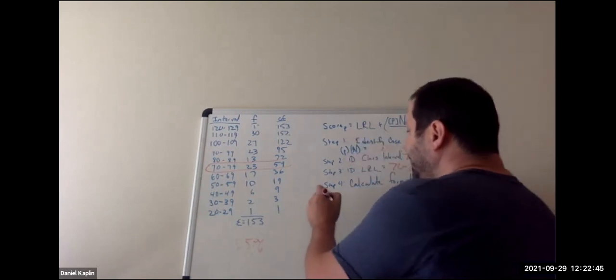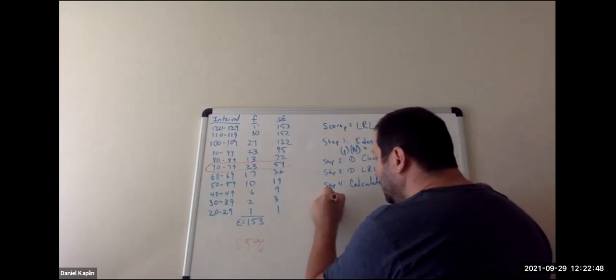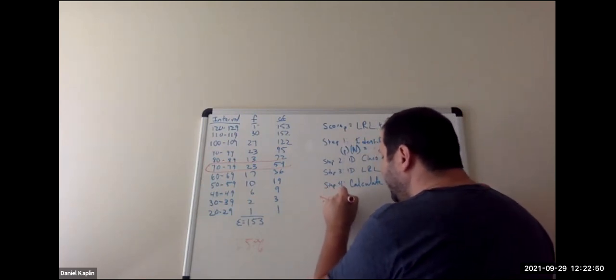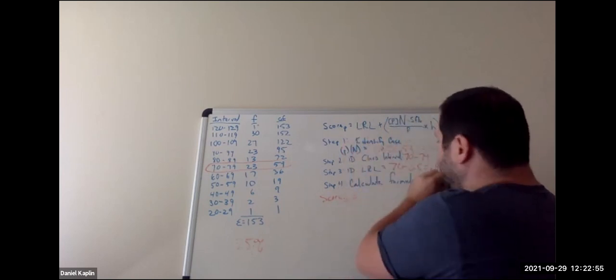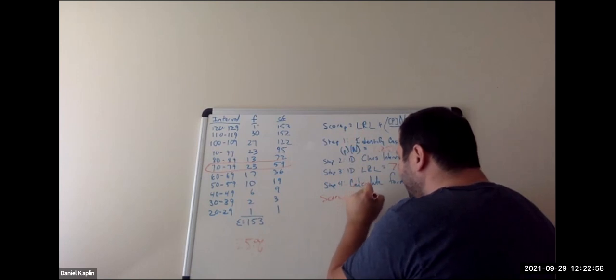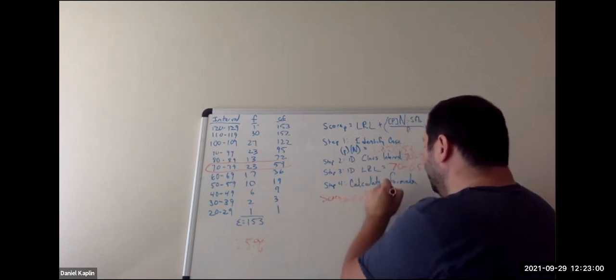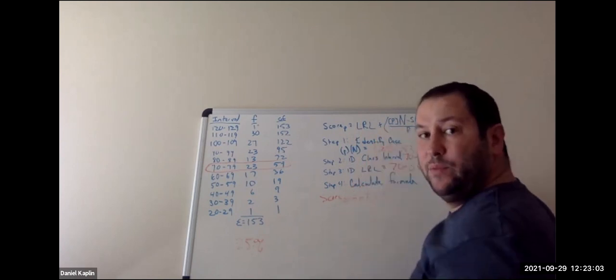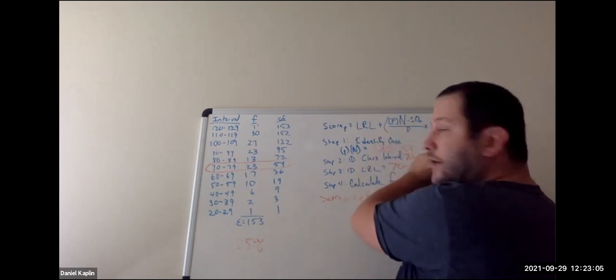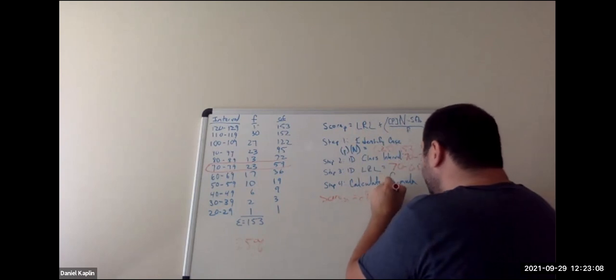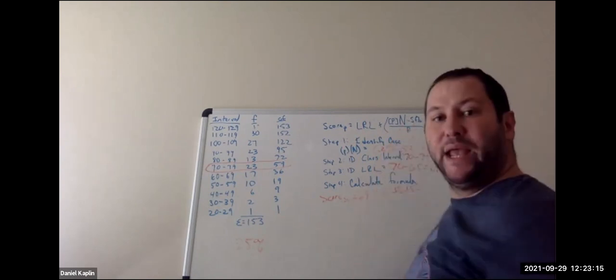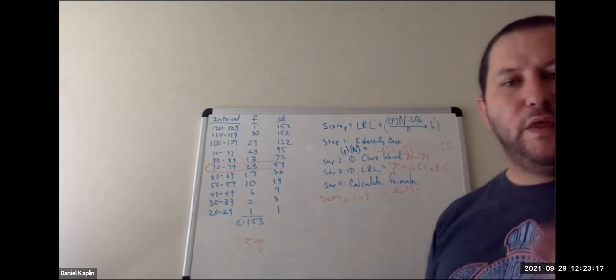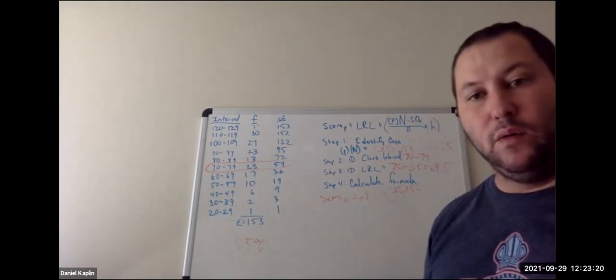So let's do it. Score 0.25 equals the lower real limit, which is 69.5, plus P times N, which was how we figured out the case. We already have that here, 38.25, minus SFB. SFB stands for the sum of the frequencies below.